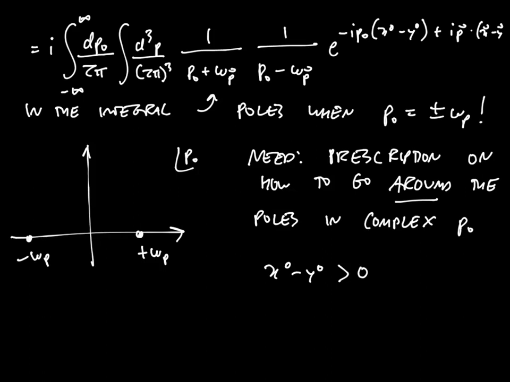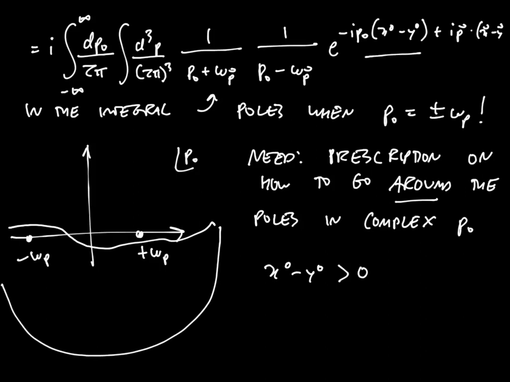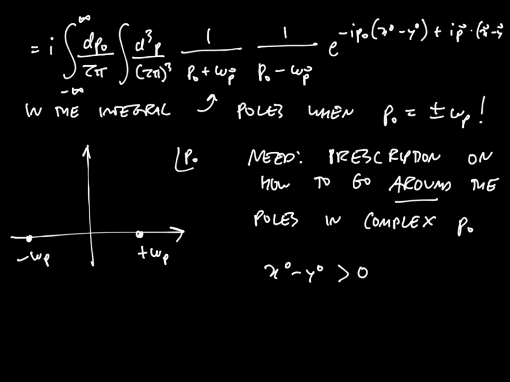Whatever complex analysis I do, I have to complete the integral below, because otherwise this exponential is going to blow up. However, there are still multiple ways to go around this.